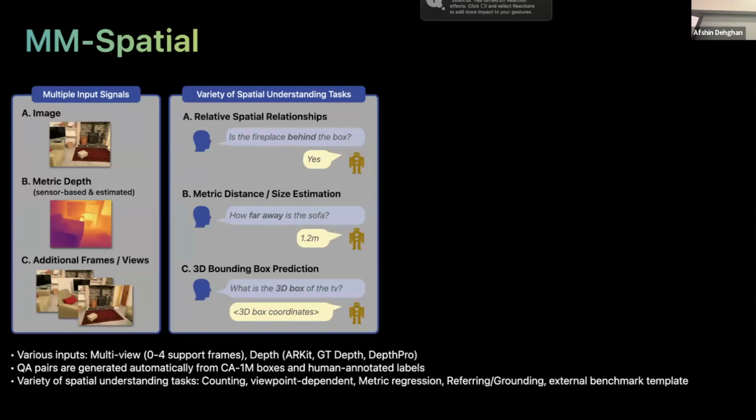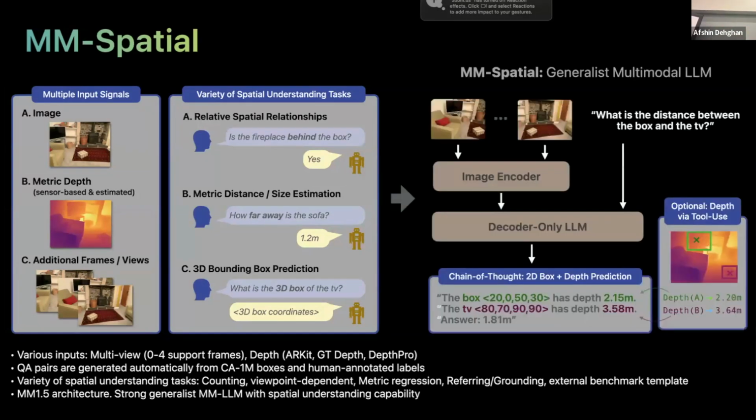We also wanted to create a wide range of types of questions that we could use when SFTing these models. So we touched upon a lot of spatial reasoning tasks, such as relative spatial relationships and metric distance. We want to do grounding and referring, both in 2D and 3D.